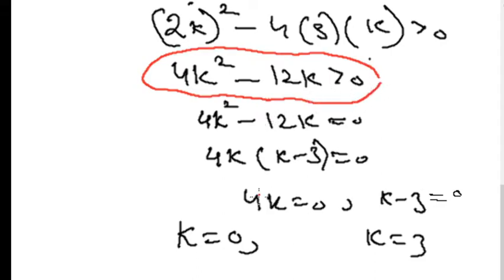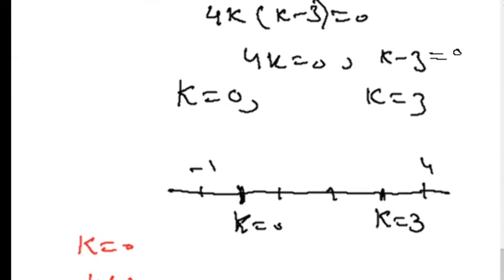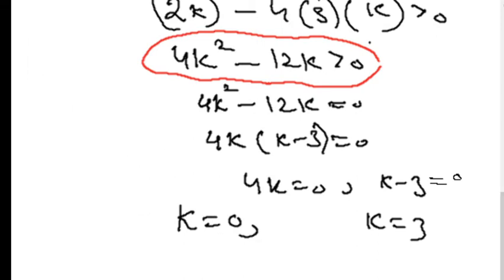Now let's put here k is equal to 0. If I'm putting k is equal to 0 here, I'm getting 4 into 0 square minus 12 into 0, which should be greater than 0.